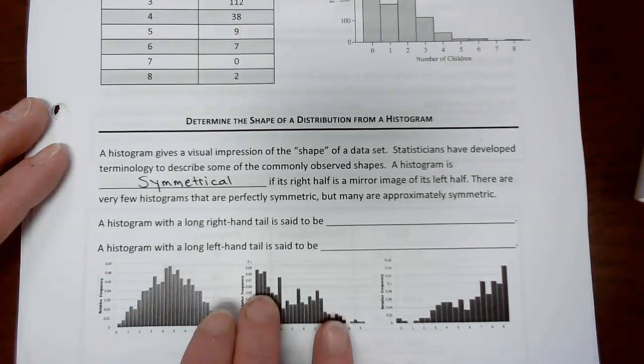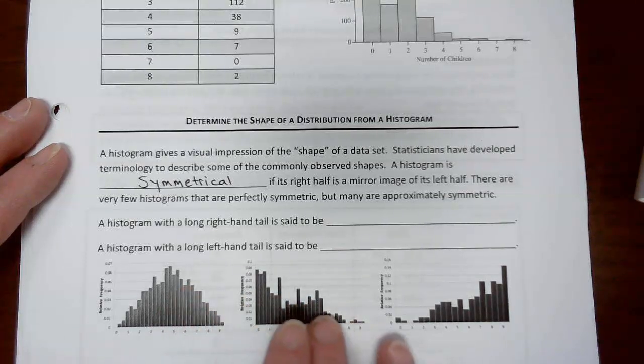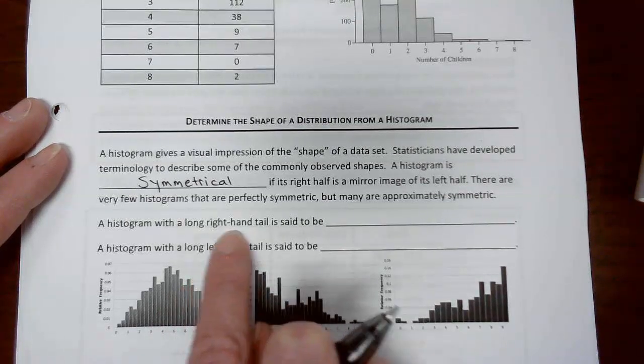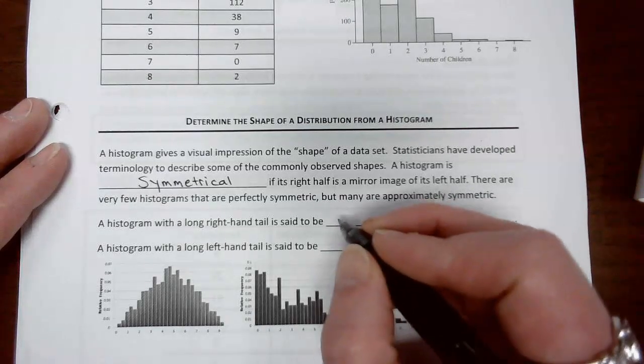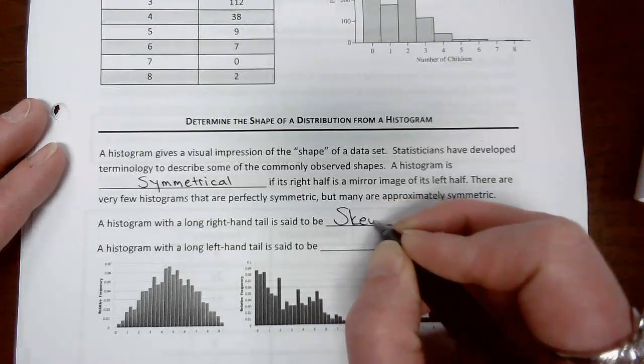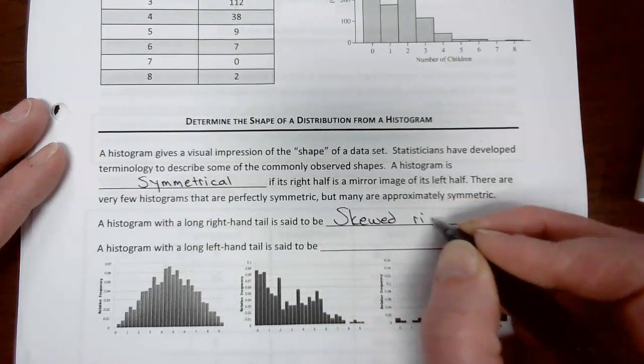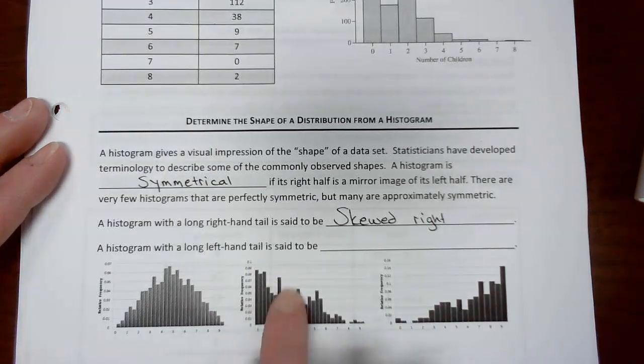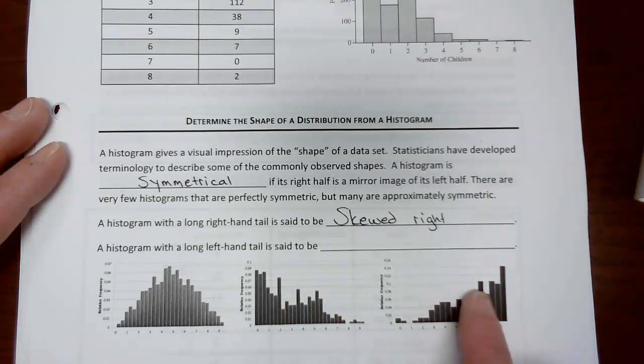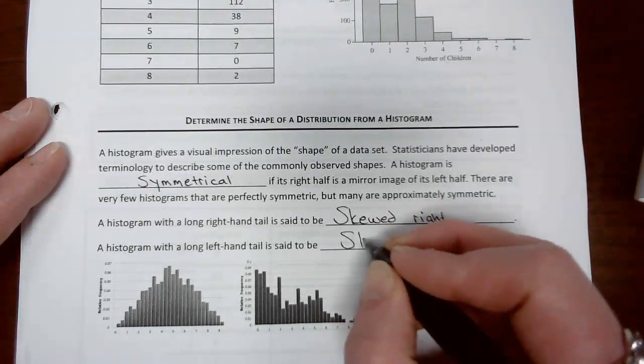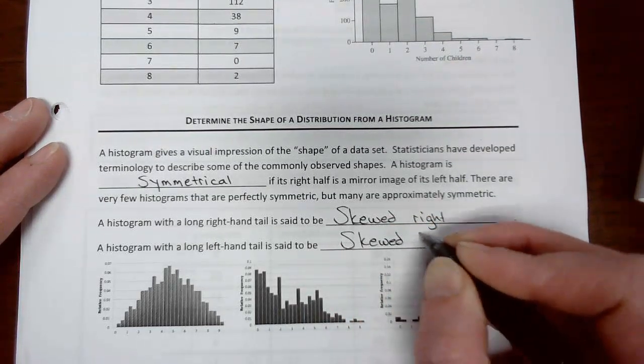This next one has extra data out to the right. It has a right tail. We call that skewed right. Most of the data is clustered right here, but we have these extra pieces out to the right, skewed right. This left one has a tail on the left, so that would be skewed left.